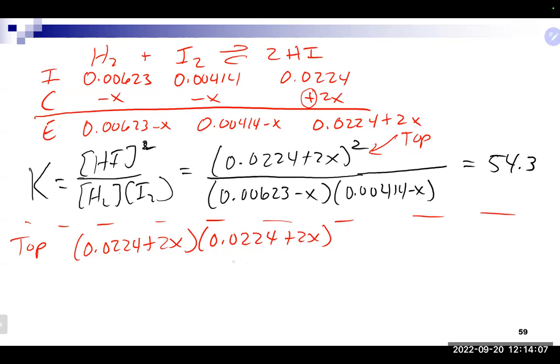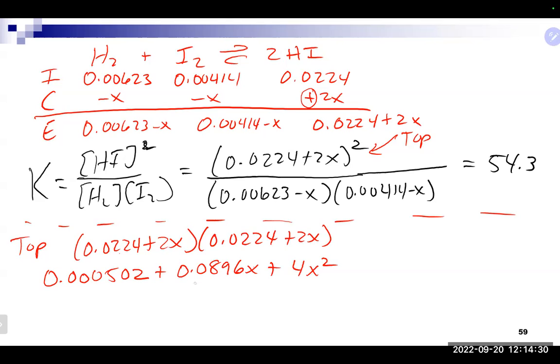When you do that, you end up with 0.000502 plus 0.0896x plus 4x squared.